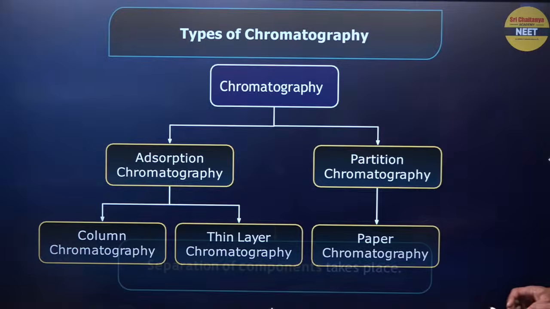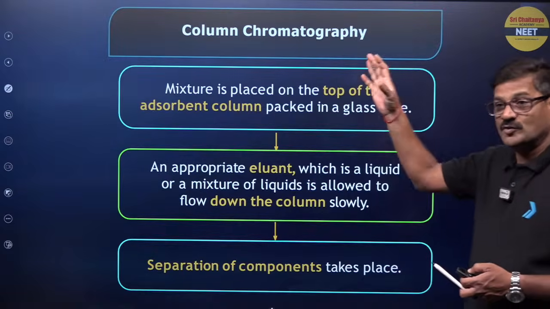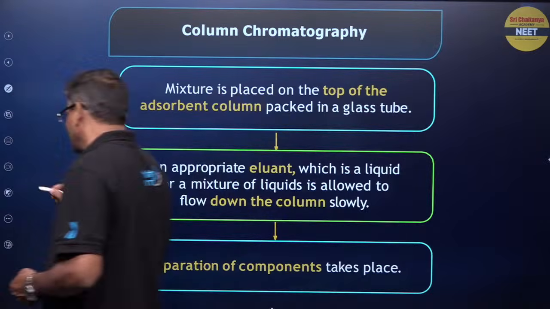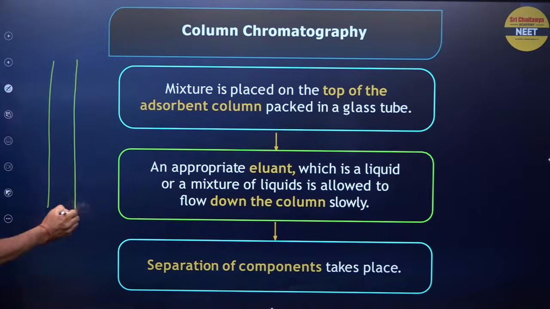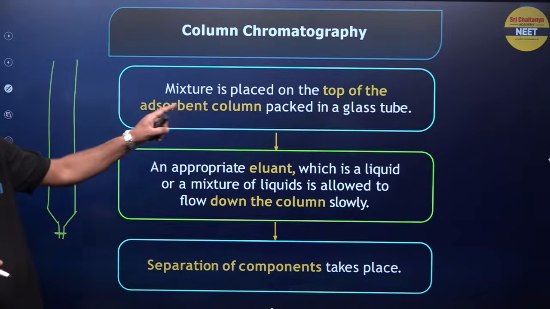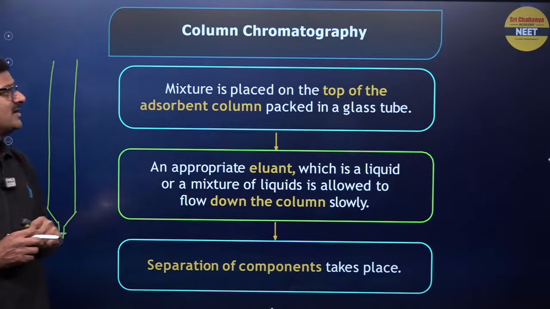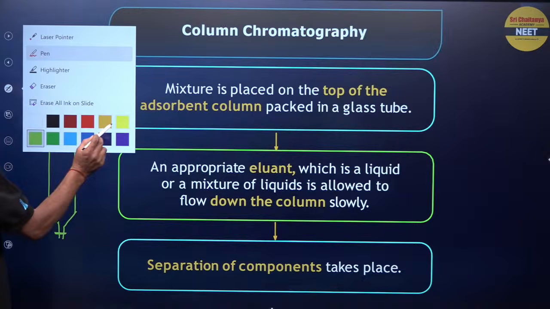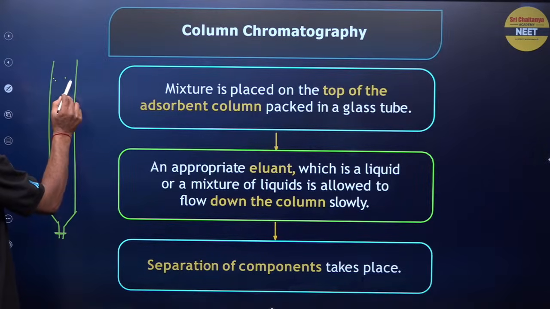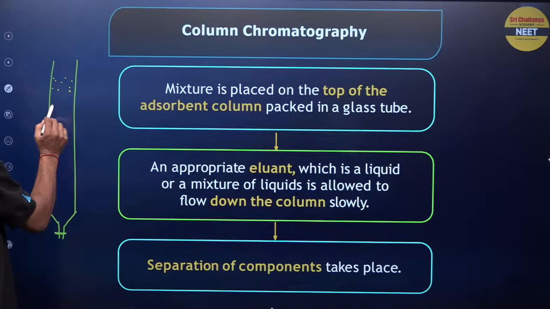Moving ahead, column chromatography. In column chromatography, you have a chromatography column, which is a little like a burette. A mixture is placed on the top of an adsorbent column packed in a glass tube, in which silica or alumina is packed.